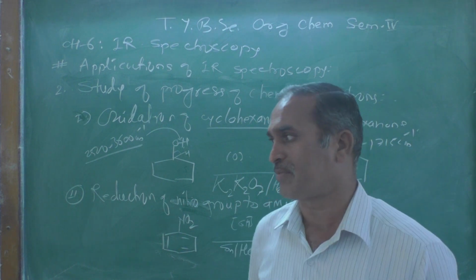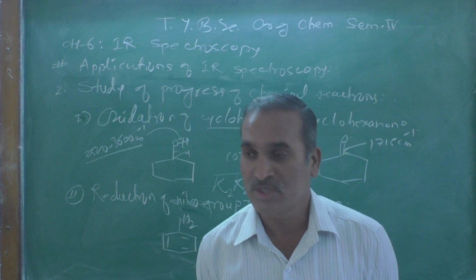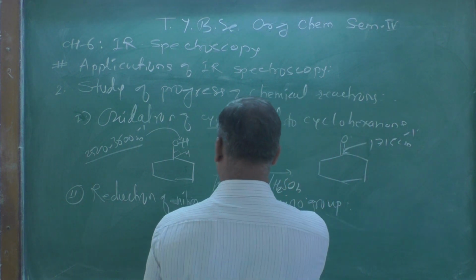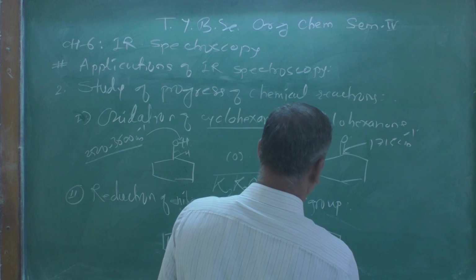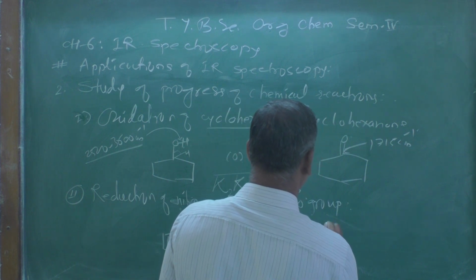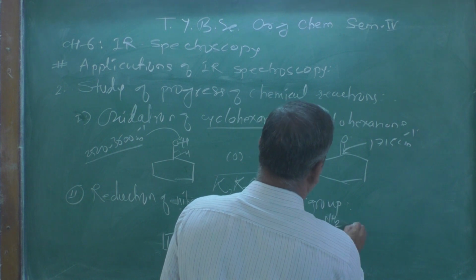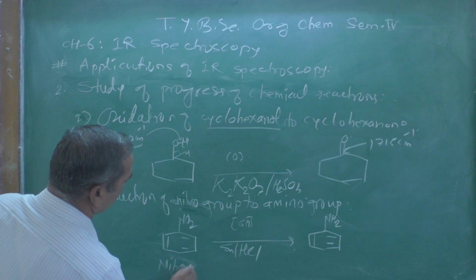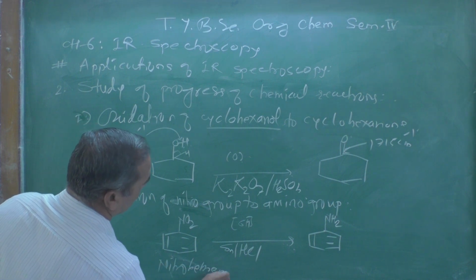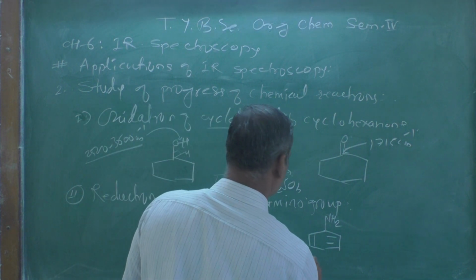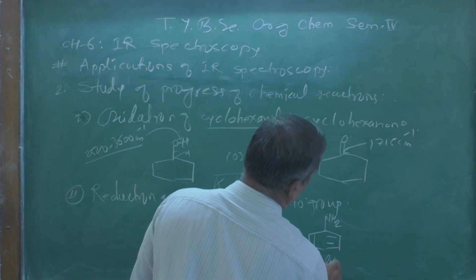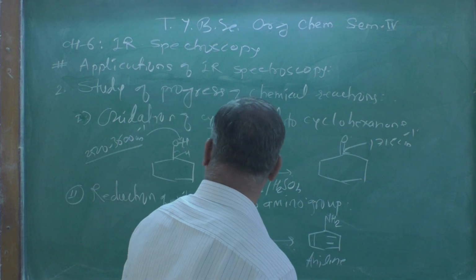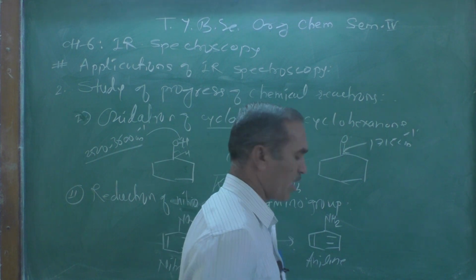Tin in presence of hydrochloric acid is a well-known reducing reagent. It will reduce the nitro group, and you get aniline, which is liquid in nature. This is the reduction of nitro group to amino group.